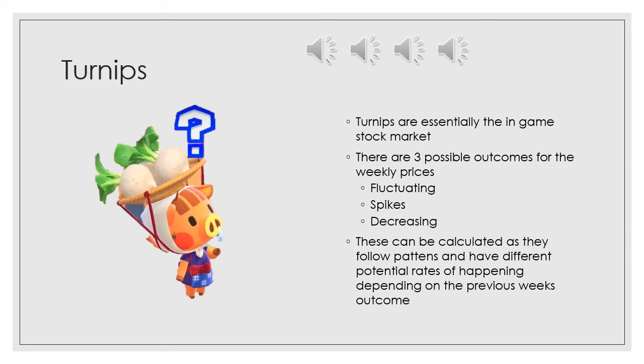These prices are determined randomly out of 3 possible outcomes. You can have the prices fluctuate throughout the week, go to a spike, or slowly decrease. However, these patterns can be calculated as the code has a built-in pattern recognition with potential rates depending on the previous week's outcomes as well.